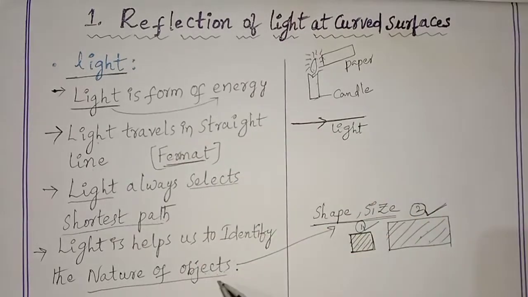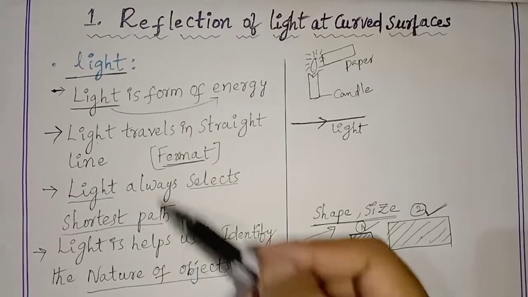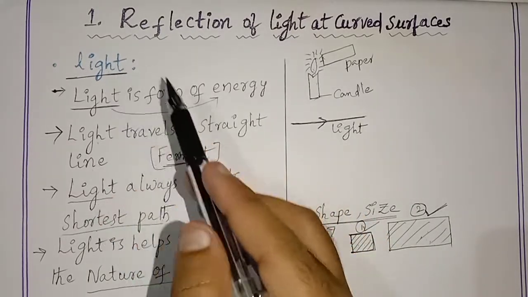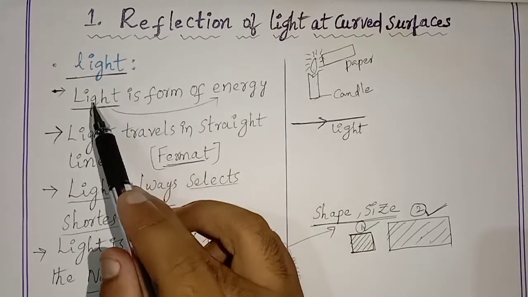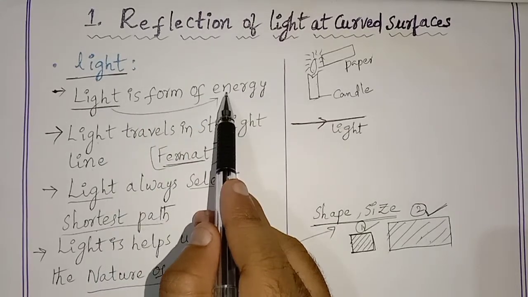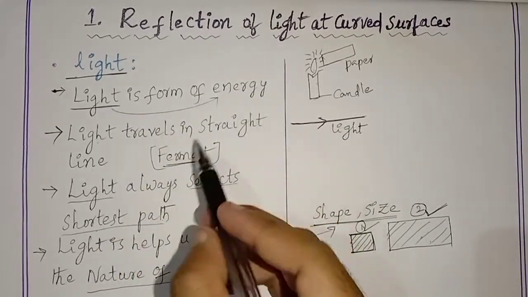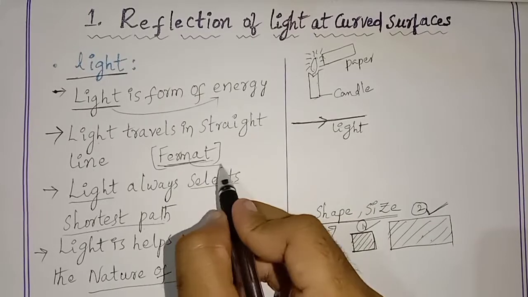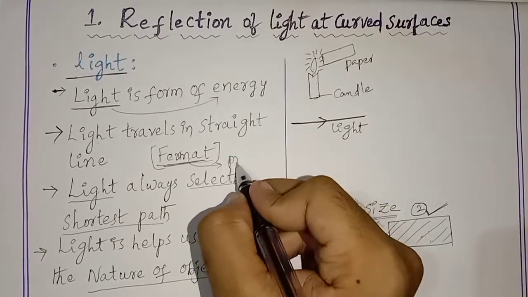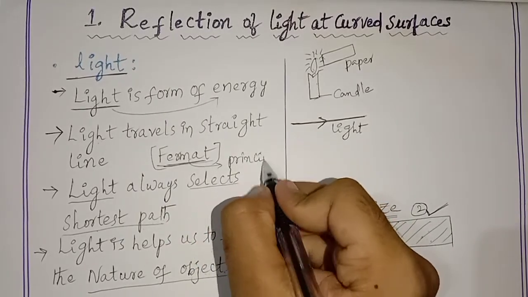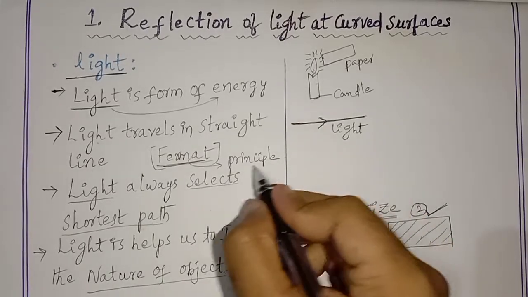So what have we learned here? We have learned the properties of light. What are the main properties of light? Light is a form of energy. Light travels in a straight line. According to which principle? Fermat principle. How to remember, it is a very important principle here.